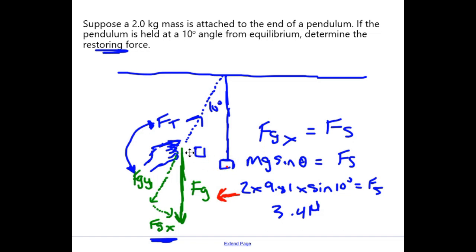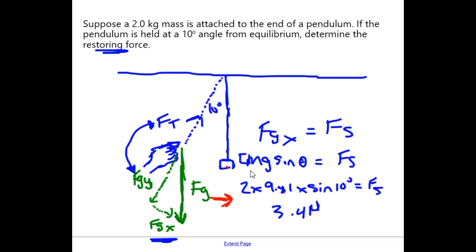Because as this box goes back and forth, right here it's got a restoring force that's going that way. Then the object goes here, and the restoring force turns a little more sideways. Eventually it gets to right here, and there is no restoring force, because gravity would just pull it straight down.